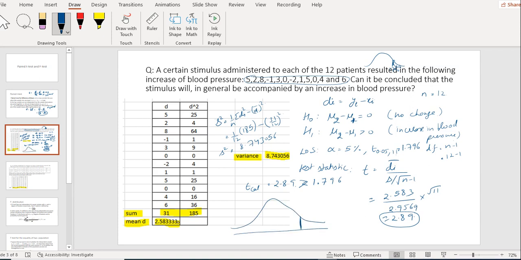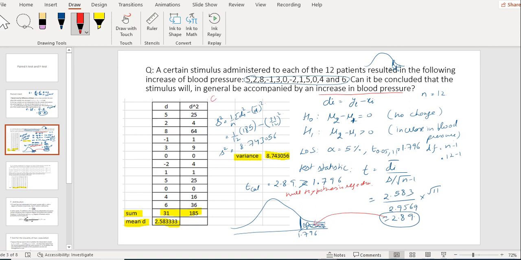Like this is 1.796 and this is the region of rejection, and because 2.89 is greater than this one, this value falls in the region of rejection. So it means that the null hypothesis is rejected. Null hypothesis rejected means the stimulus results in an increase in blood pressure.